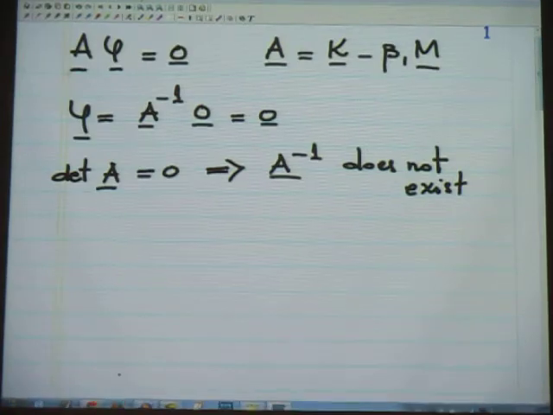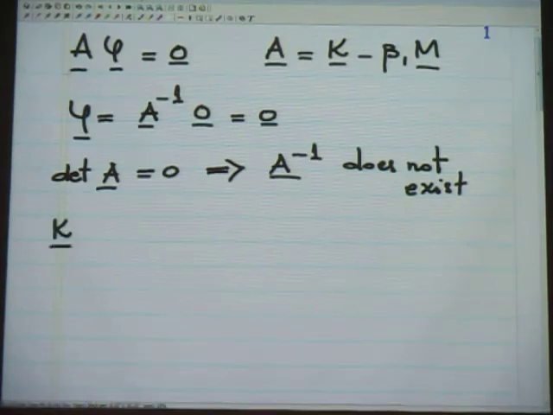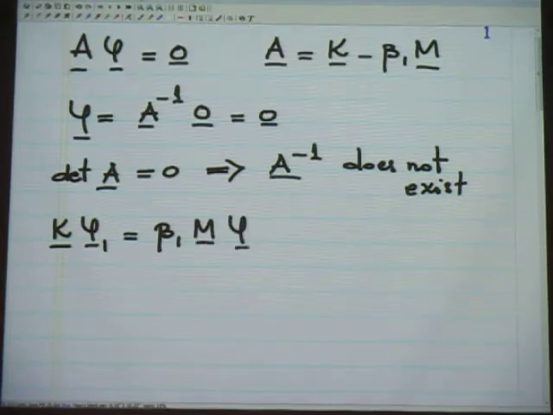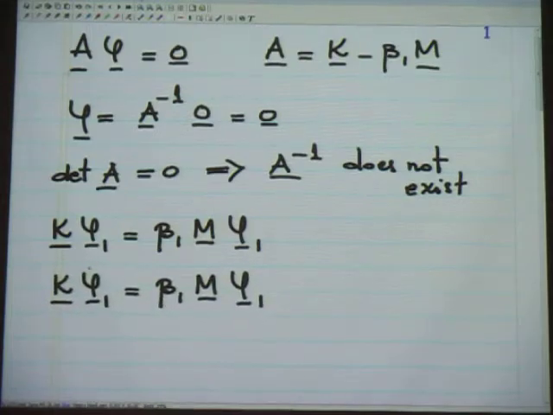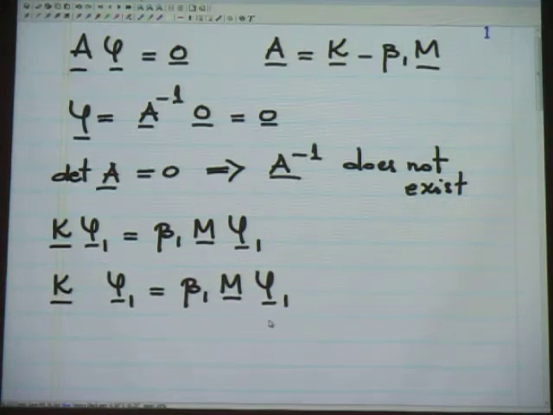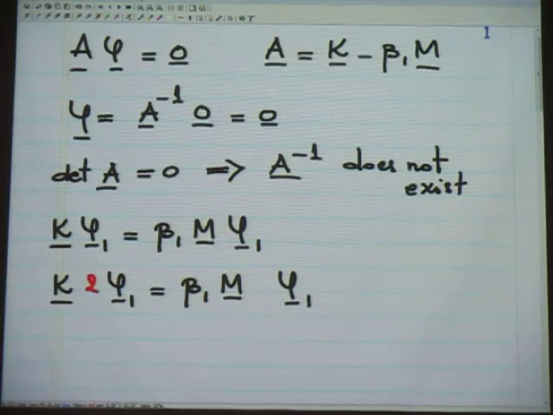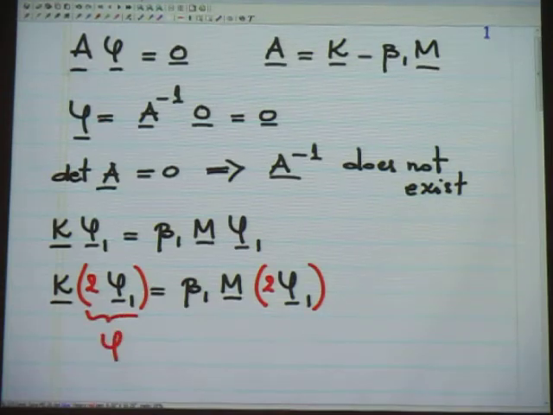Okay, if you have K phi1 equal to beta 1 phi1, and you multiply phi1 by 2, and let me use the red color, you see, this is phi1 hat.